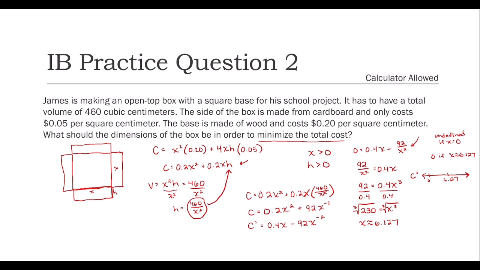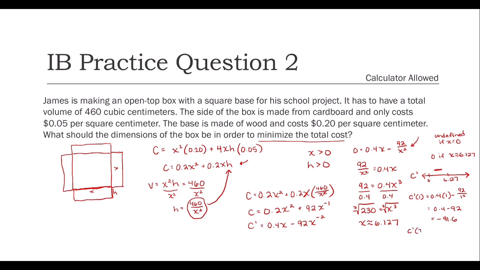If we plug in a number between 0 and 6.127, like 1, we would get c prime of 1 equals 0.4 times 1 minus 92 over 1 squared. So that's 0.4 minus 92, which equals negative 91.6. So since that's negative, our derivative is negative. And then we can try a number bigger than 6.127. We can try 7.